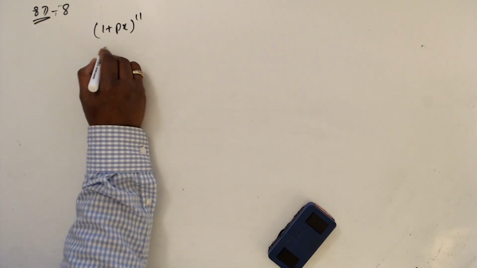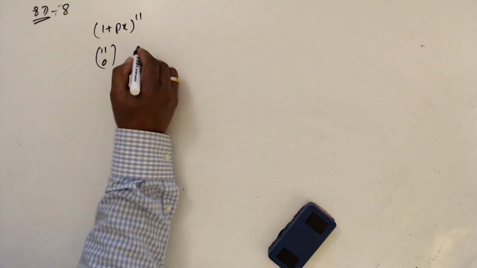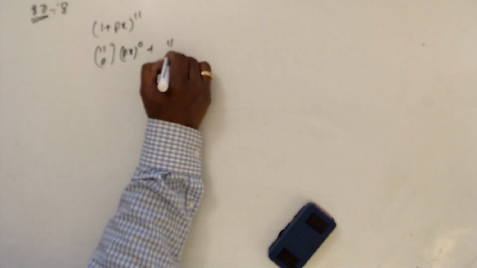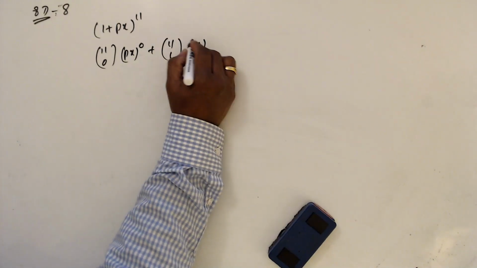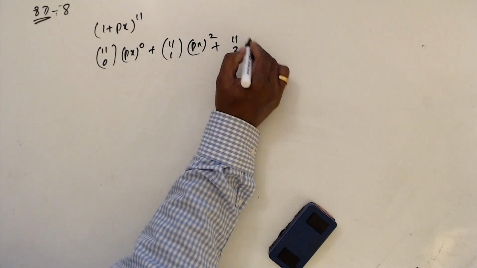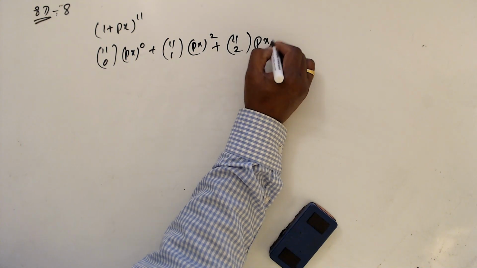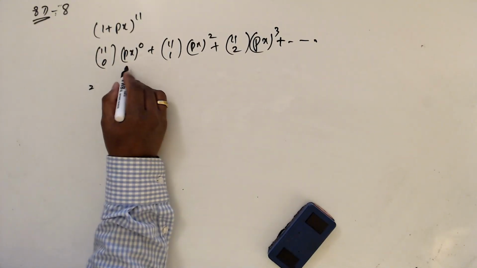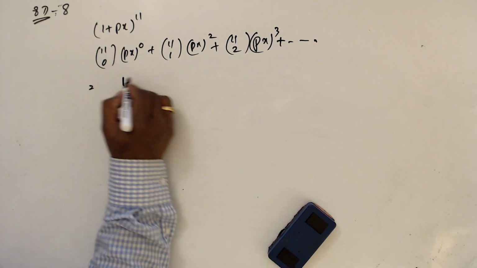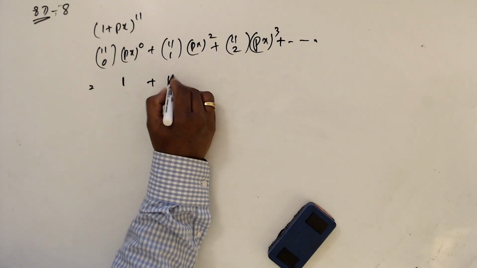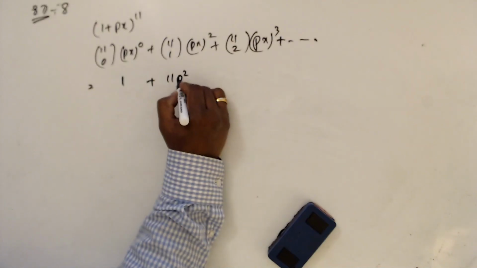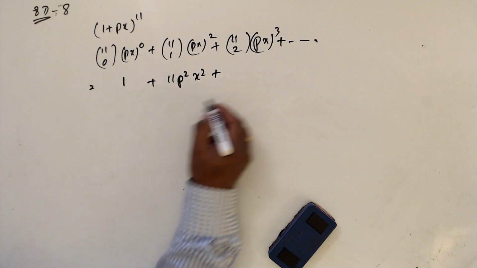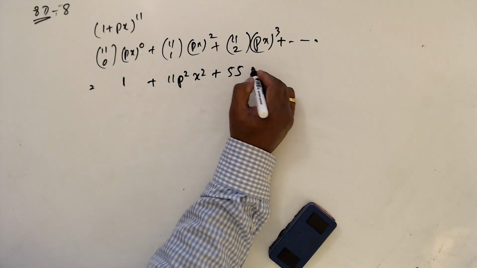So we start with 11C0 times px to the power 0, 11C1 px square, and 11C2 px cube, dot dot dot. So this is going to be 1 plus 11p square x square, then 11C2 is going to be 55.